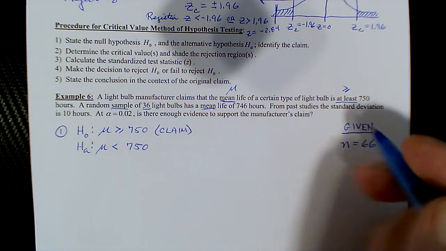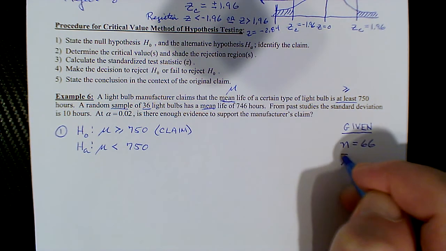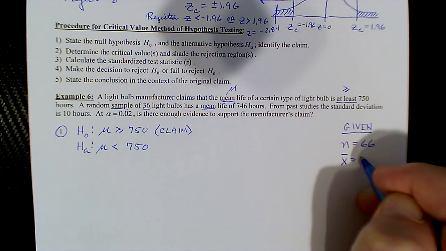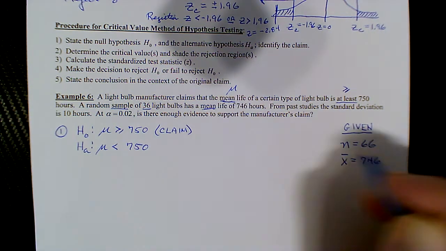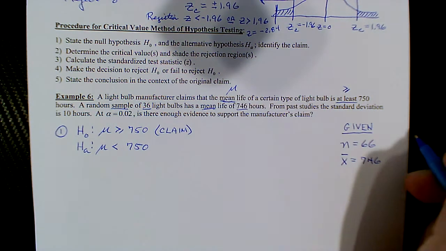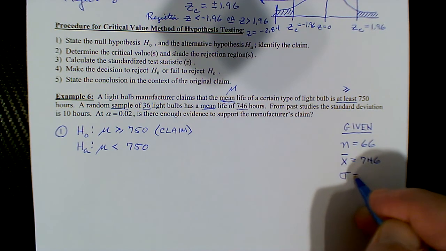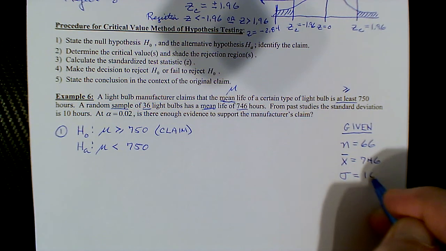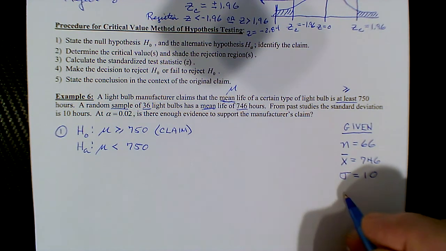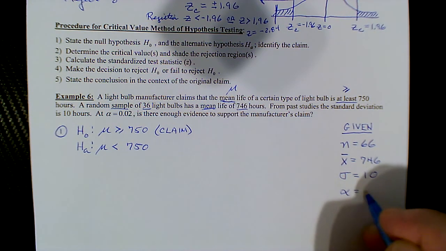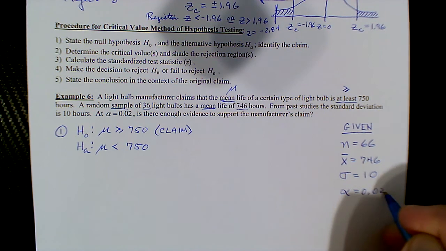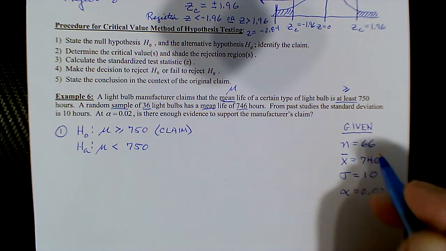And from past studies, remember, suggest the population standard deviation, so sigma is 10, and then at alpha equaling 0.02, what do we say about the claim? So based on this information, in particular, nothing's mentioned about being normally distributed, but we do know sigma and n is greater than or equal to 30.